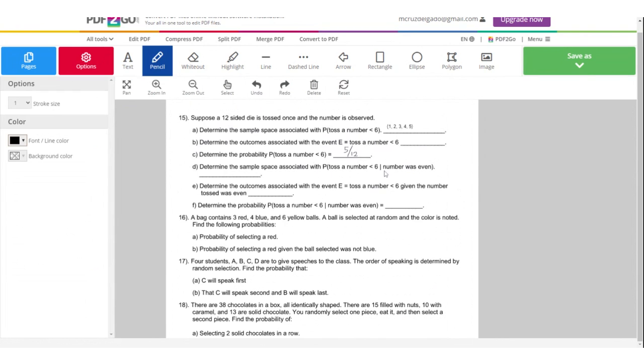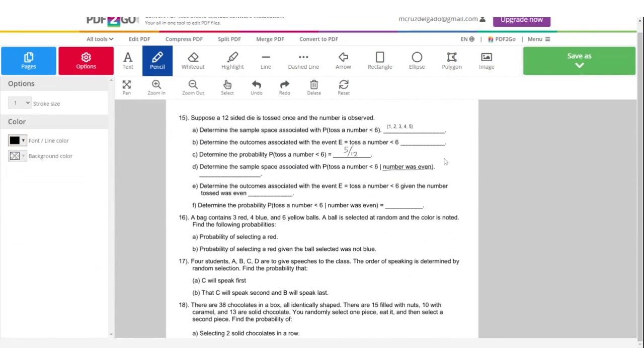All right, so this is an example of conditional. Given that the number was even, we got to look at all the even numbers. And there are 6 even numbers: 2, 4, 6, 8, 10, 12.